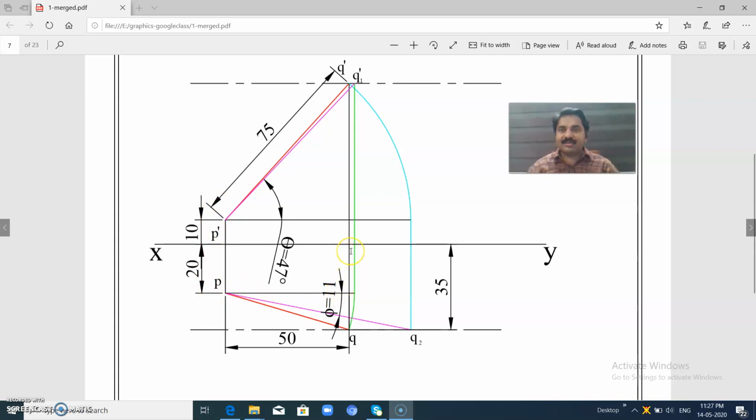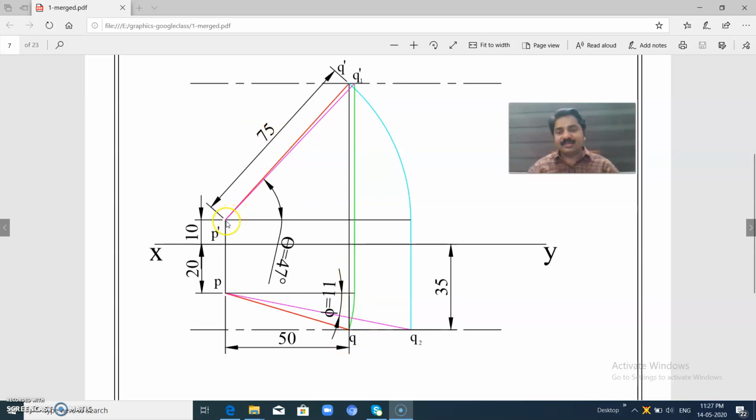Now it is given that Q is 35 mm in front of VP, so we can mark this point Q. This is 35 mm in front of VP, so from the XY line 50 mm below, we will mark this Q. And the front view length is given as 75 mm.